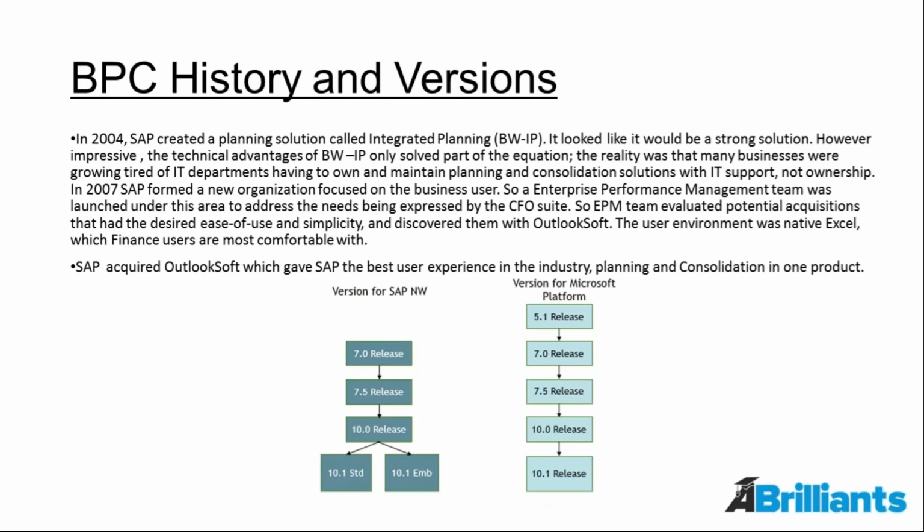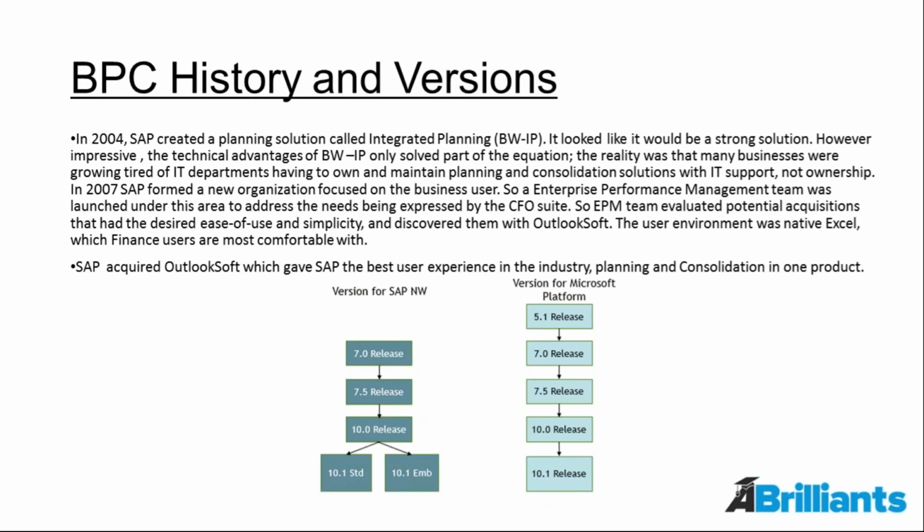So SAP thought they should have a solution which can be used easily by business users, right? Their entire enterprise performance management team launched a new business suite focusing on the requirements of business users.